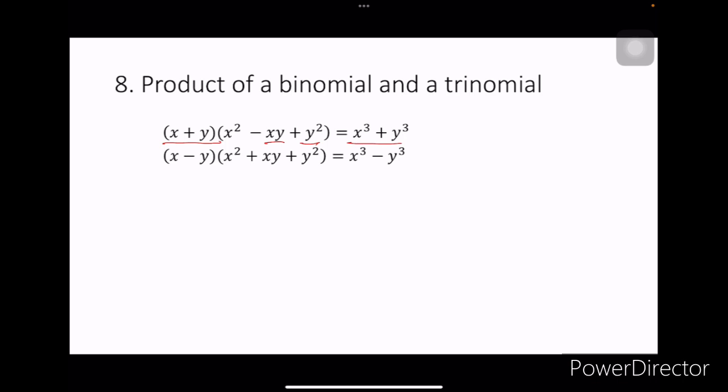How will you know that? If this is your binomial and this is your trinomial, you need to identify first your binomial. What is the first term and the second term? And if you try to look at your trinomial, is this expression the square of your first term?